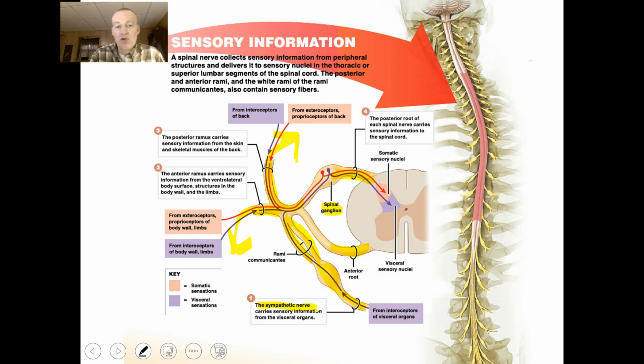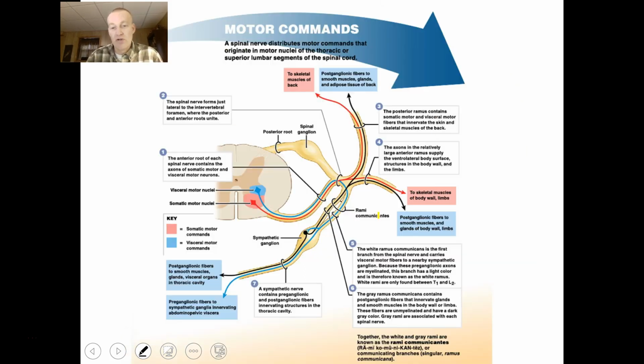Now notice the sensory information is coming in through the posterior root, and you can see it's carrying information to the spinal cord. But the motor commands are coming out of the spinal cord, and they're going through the anterior root.